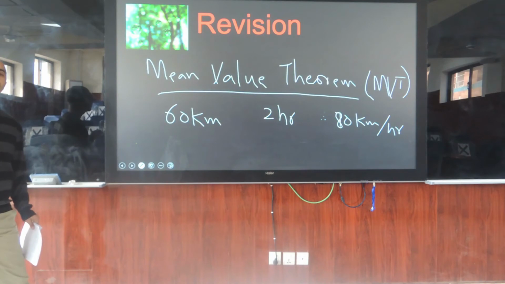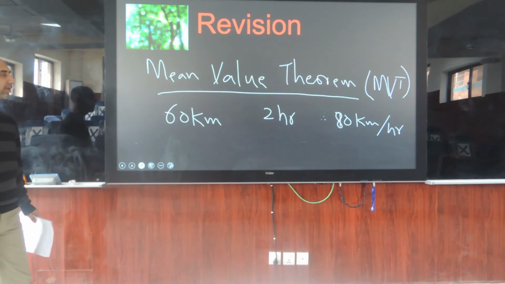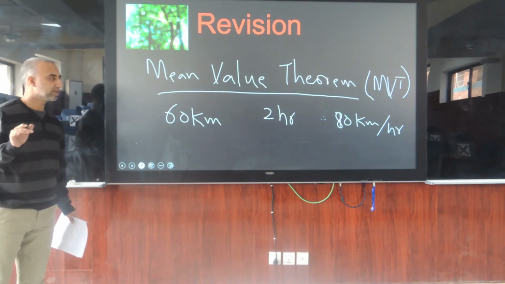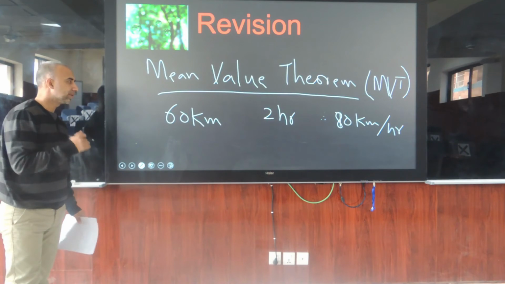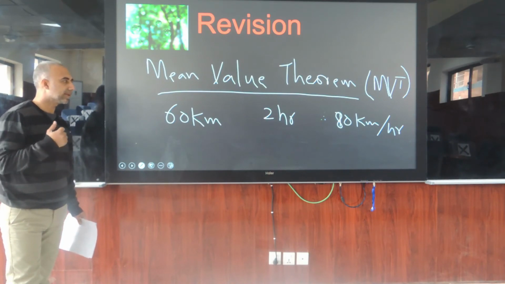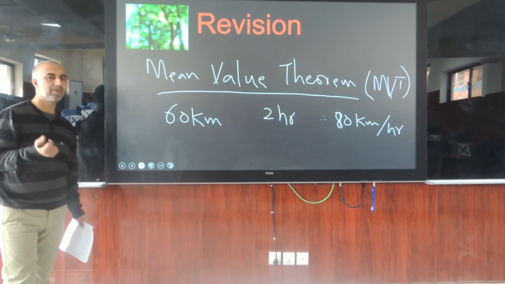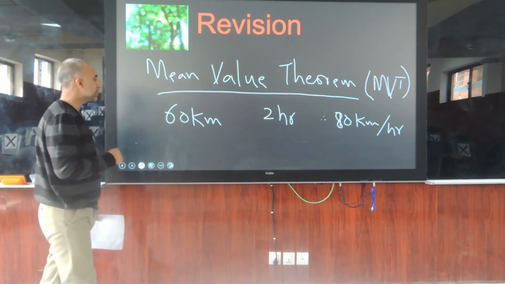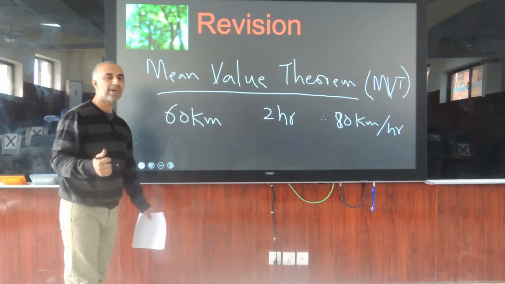Once you reach the Islamabad toll plaza, police inform you that you are overspeeding, speeding the car with more than the specified speed limit. So how did they check it?